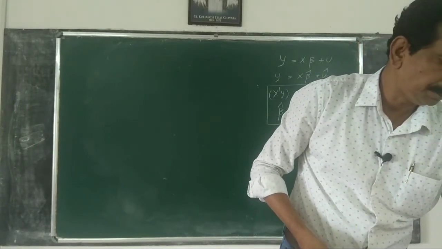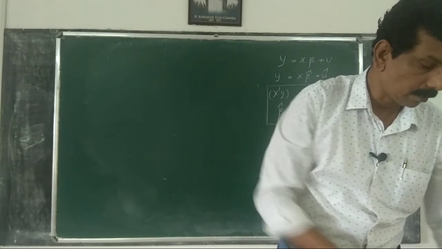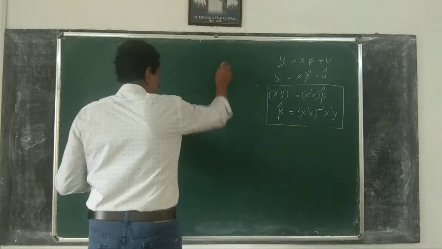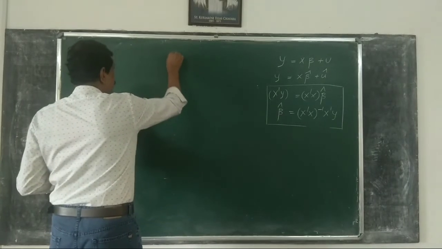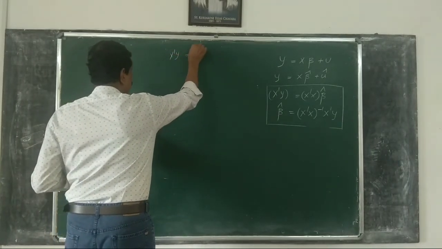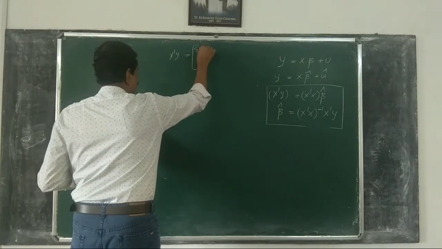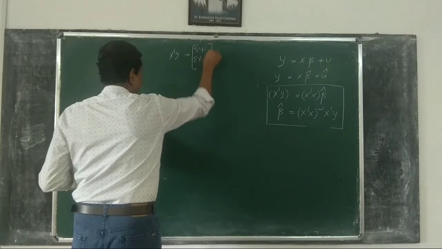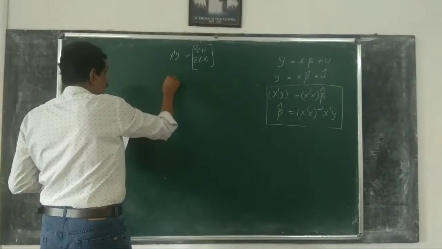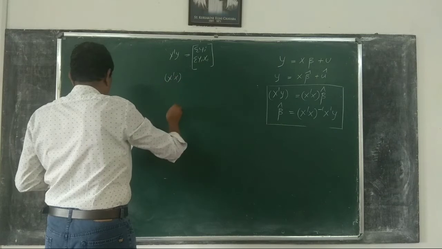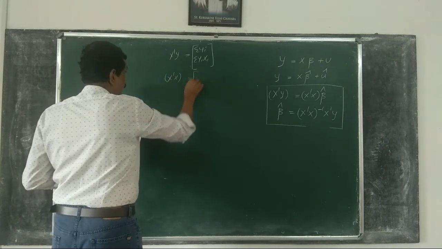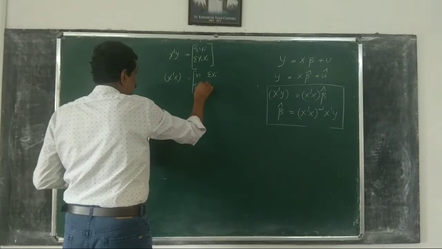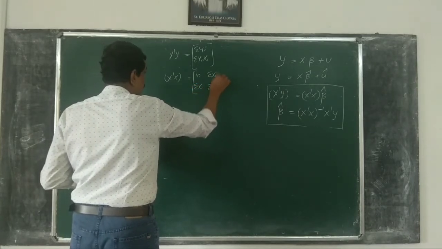Now, in the two variable model, x transpose y is equal to sigma yi, sigma yi xi, and x transpose x is equal to n, sigma xi, sigma xi, and sigma xi square.